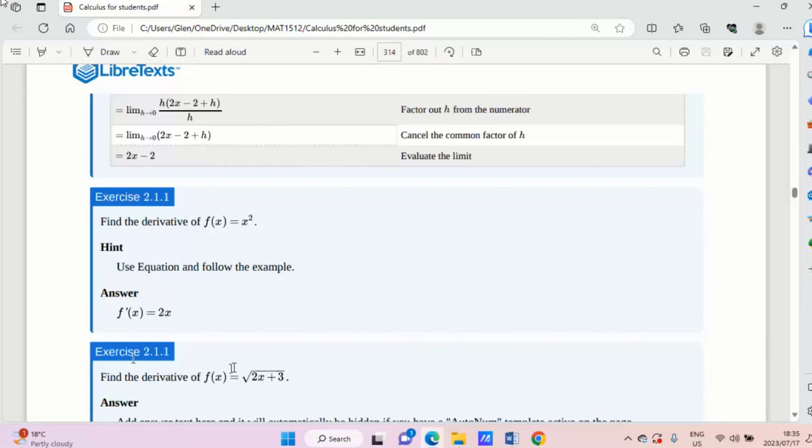What did you get? I got 3 all over 2x, the root of 2x plus 3 plus the root of 3. I think that's wrong.